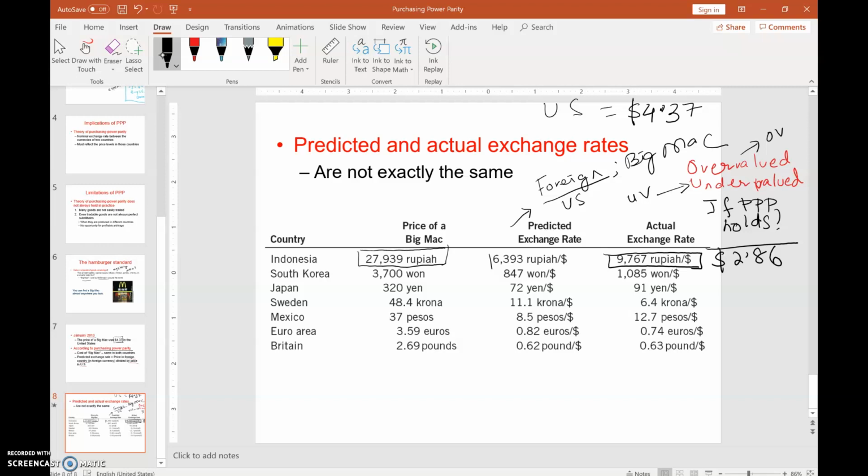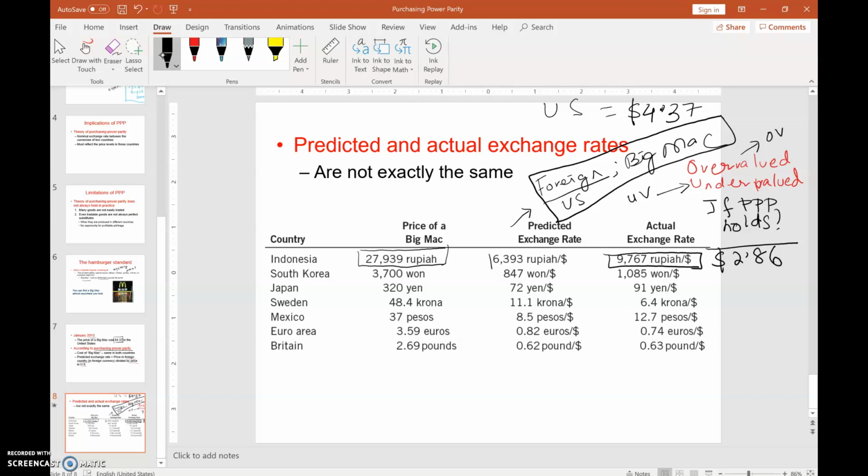Predicted exchange rate is also called the Big Mac exchange rate. The formula for predicted exchange rate is foreign price over US price. I would strongly advise you to get back here with your calculators. So I have 27,939 over the US price, which is 4.37, and I get 6,393.